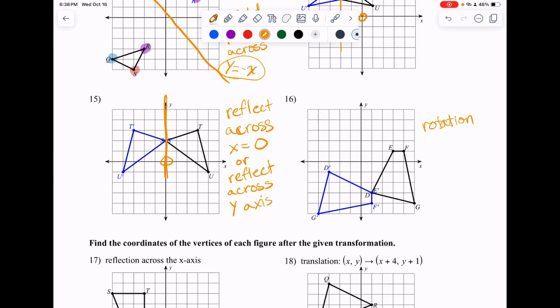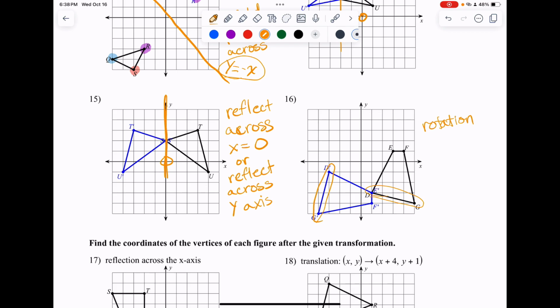So then I've got to figure out, is it a 90-degree rotation like a quarter turn or 180 like a half turn? And this is a quarter turn because when D and G are in this kind of bottom right corner, they move to the bottom left corner.